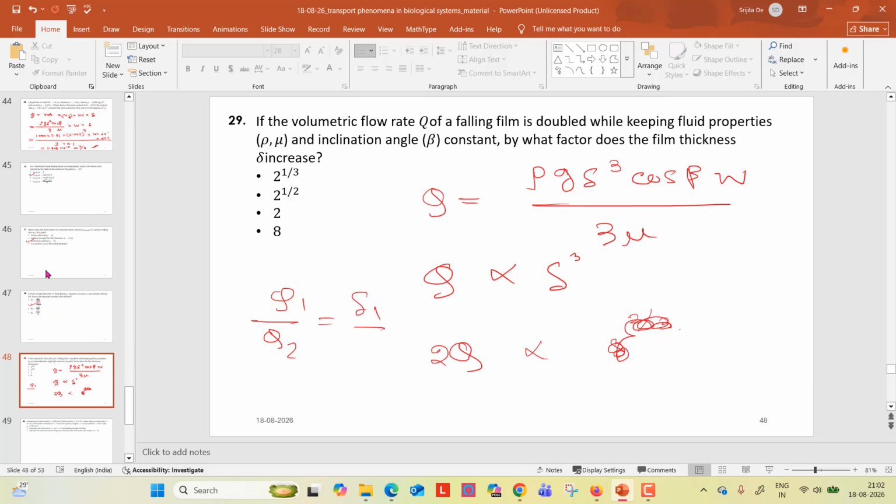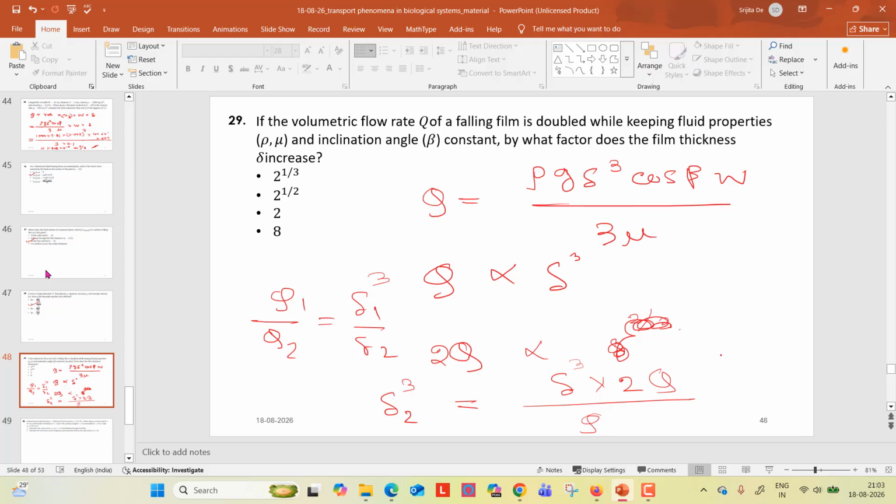So we need to calculate the delta 2, right? So delta 2 cube will be delta 1 cube into 2 cube by 1 cube.